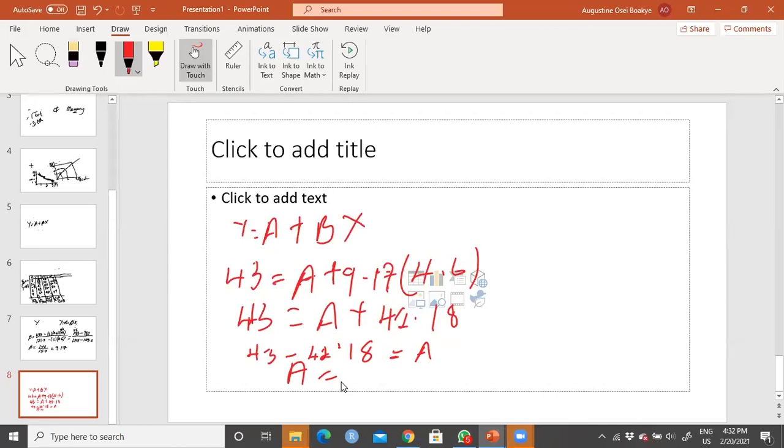When you did the subtraction, what did you get? 0.82. Thank you very much. So for the A, or the alpha, we got 0.82.